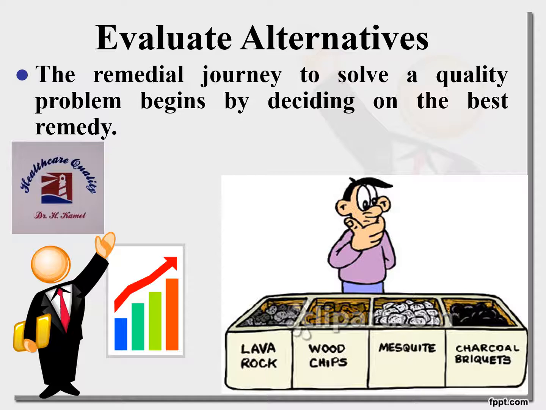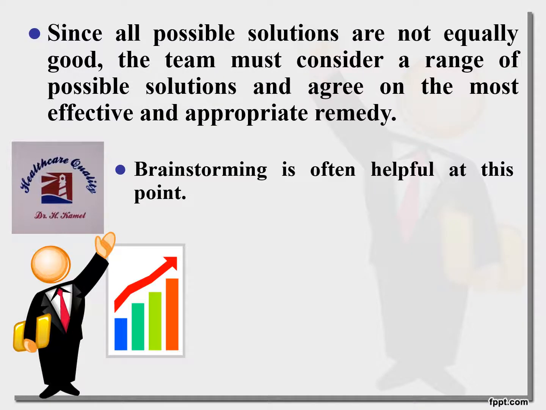The remedial journey to solve a quality problem begins by deciding on the best remedy. Since all possible solutions are not equally good, the team must consider a range of possible solutions and agree on the most effective and appropriate remedy. Brainstorming is often helpful at this point.